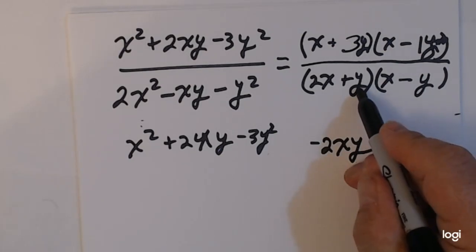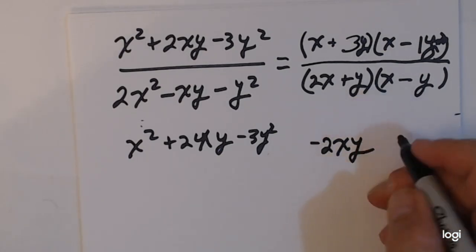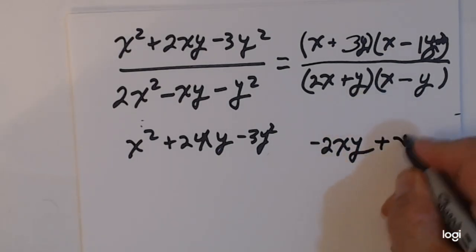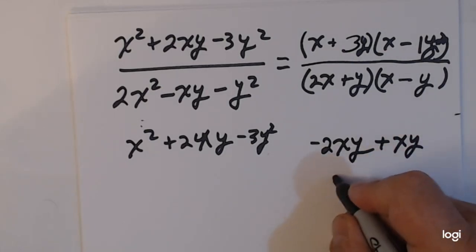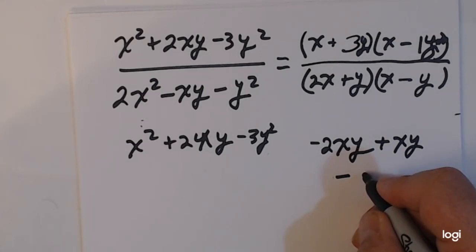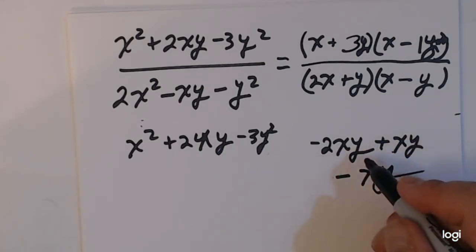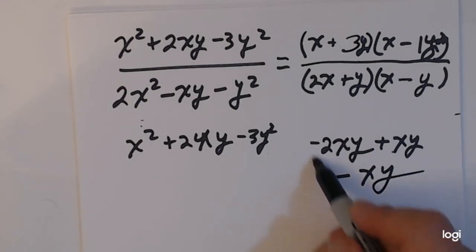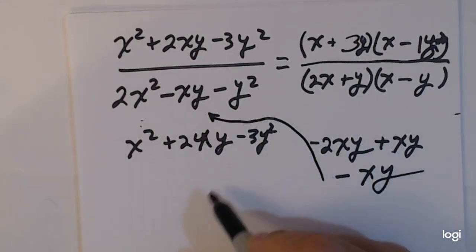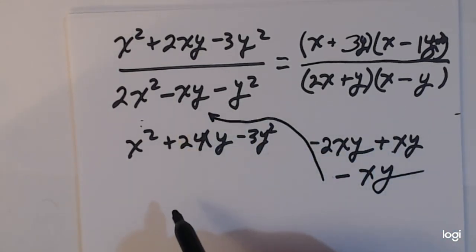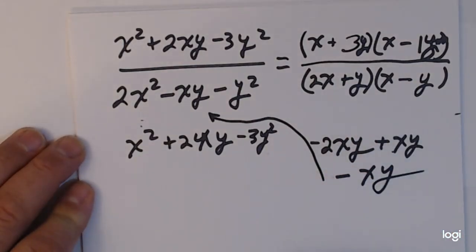And then when we do the inner terms, we're going to have xy. So when we combine like terms here, we get negative xy. Negative 2 plus 1, negative 1. And that is what we have here, negative xy. So let me rewrite this thing up here.